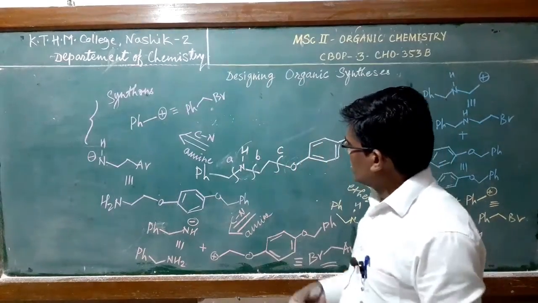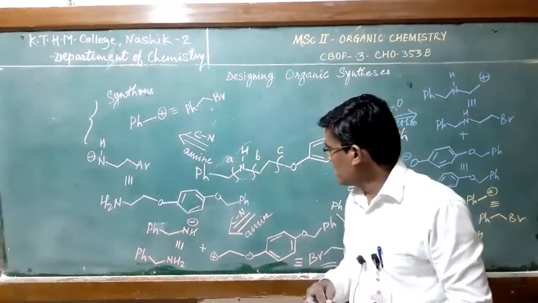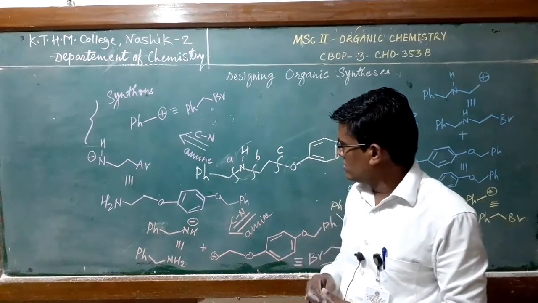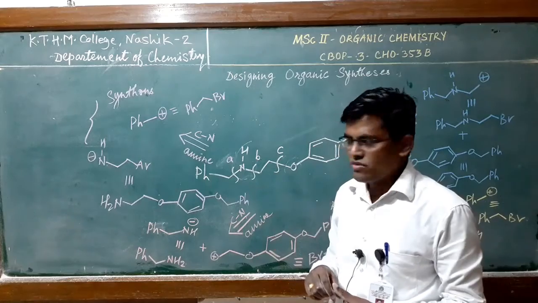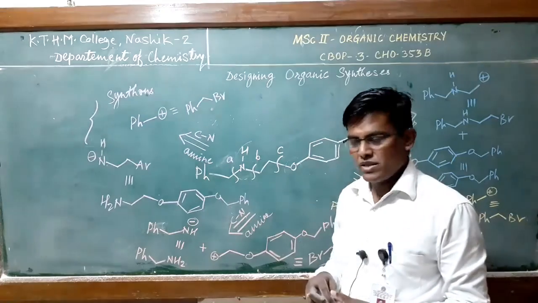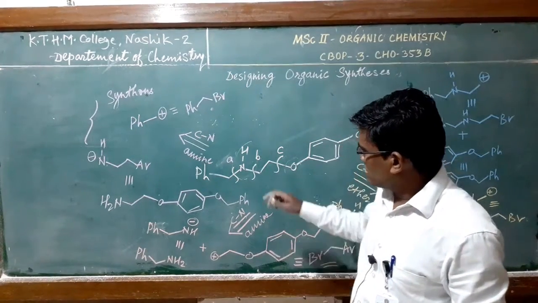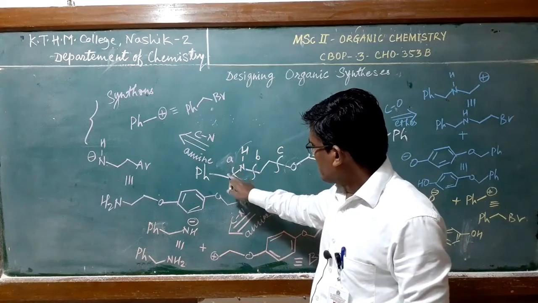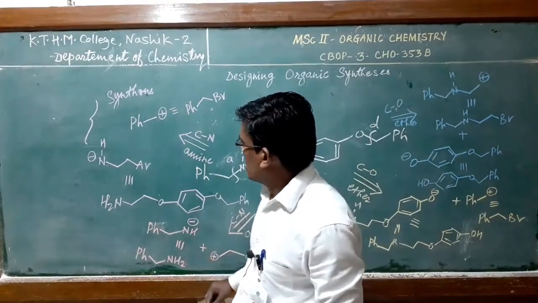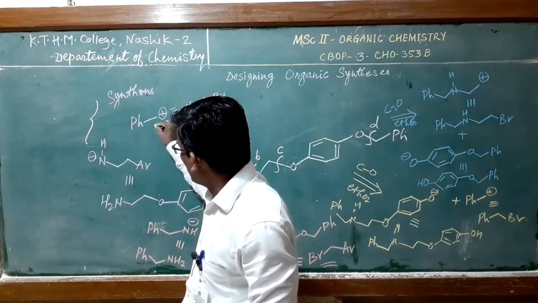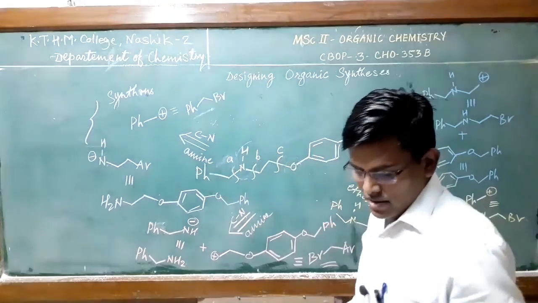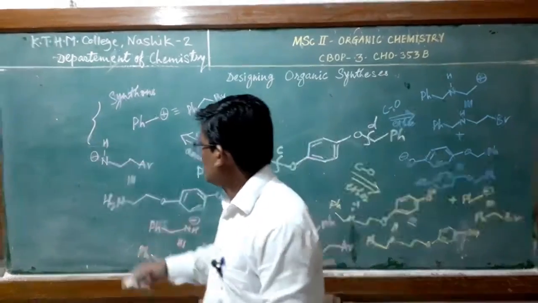Okay. So let's move to disconnection A and B. When you consider cleavage A and B, option B would be the better cleavage. Because when you cleave this CN bond via A cleavage, you will get this benzyl bromide and this amine.